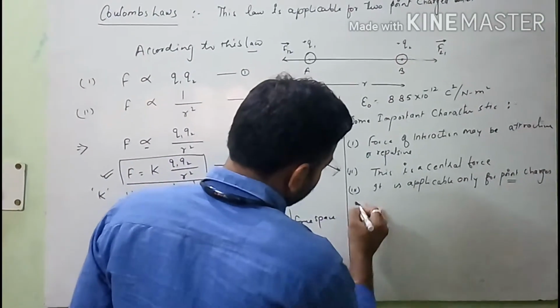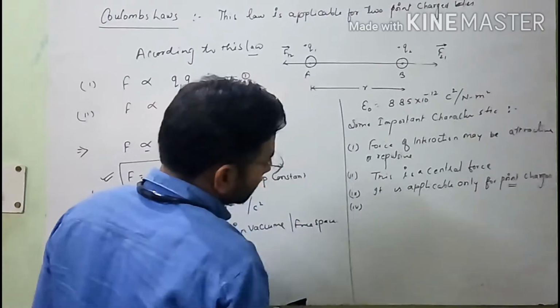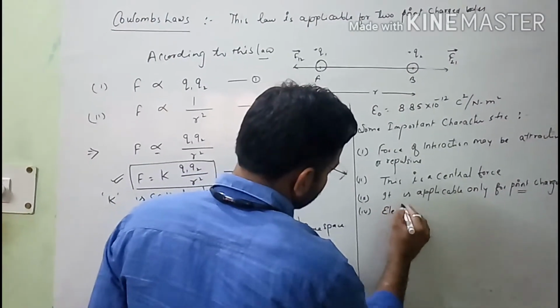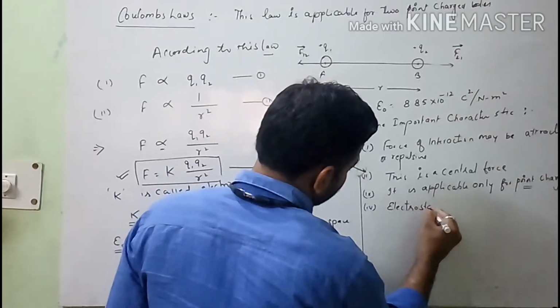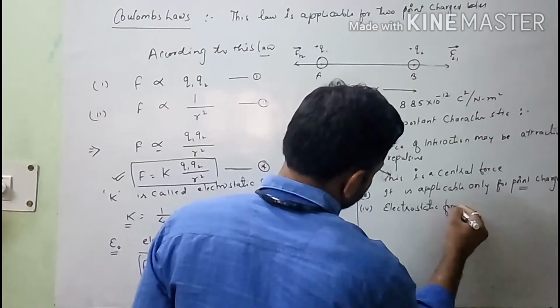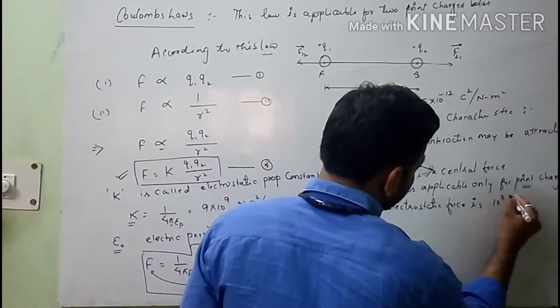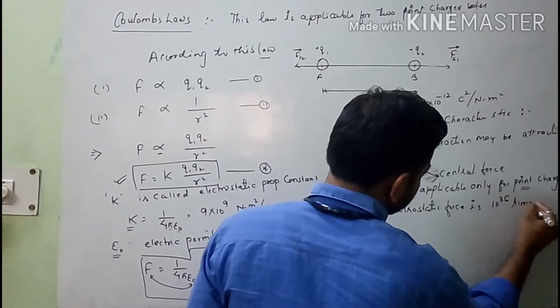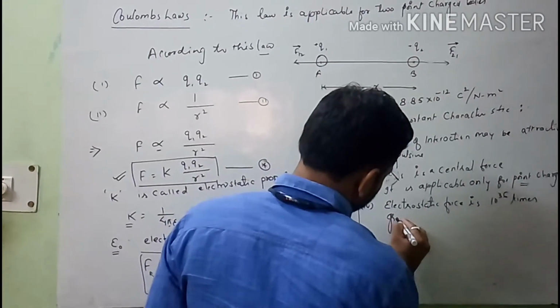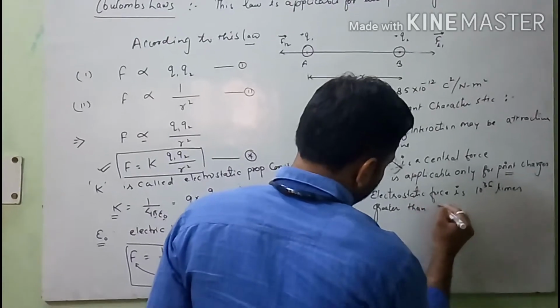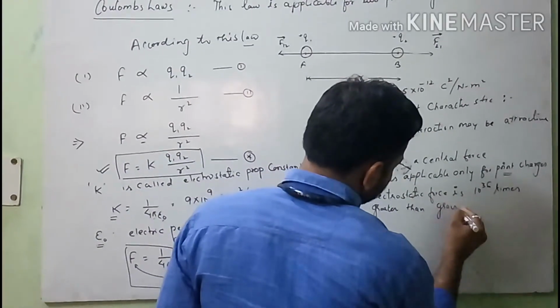And after that, one more point: this electrostatic force is 10 raised to the power 36 times greater than the gravitational force.